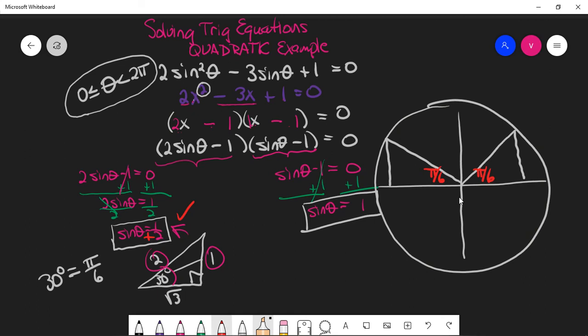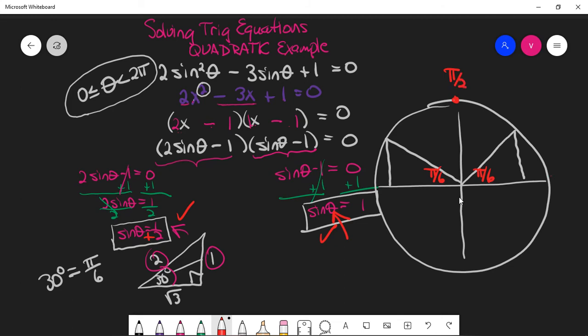And then you have this one over here. At what angle does the sine equal positive 1? Well, remember, sines are like y. 1 is the highest number on the unit circle, so it is the highest y. It's going to be right here at pi over 2. There's no other place.